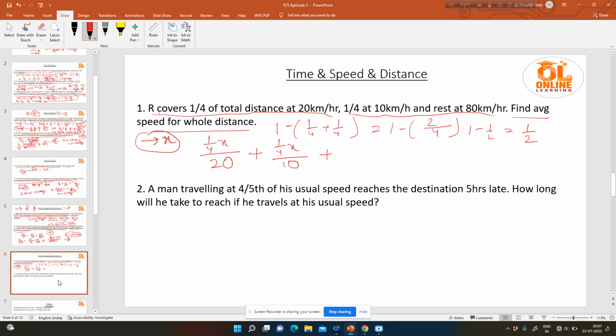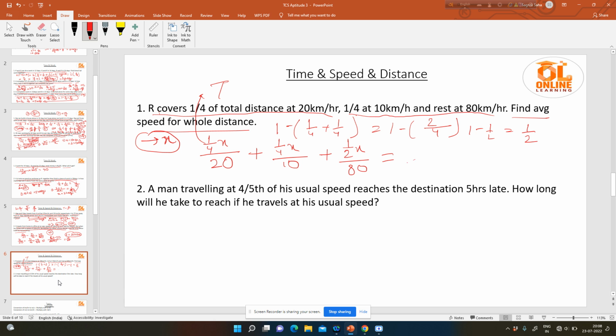Again 1 by 2 of the total distance is covered at 80 kilometer per hour. That is, we are finding the total time. For finding the total time, we know time is equal to distance by speed. Distance by speed is the time, right? So 1 by 4 x by 20.